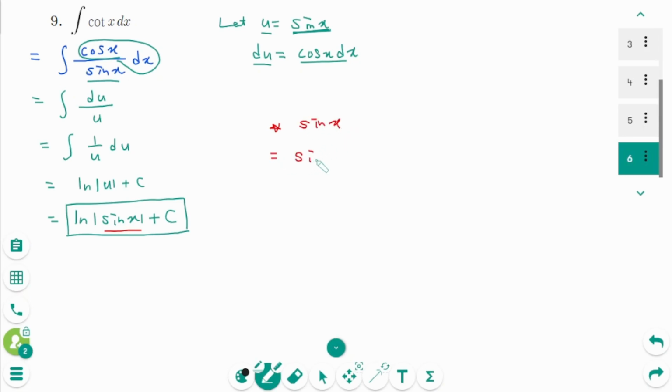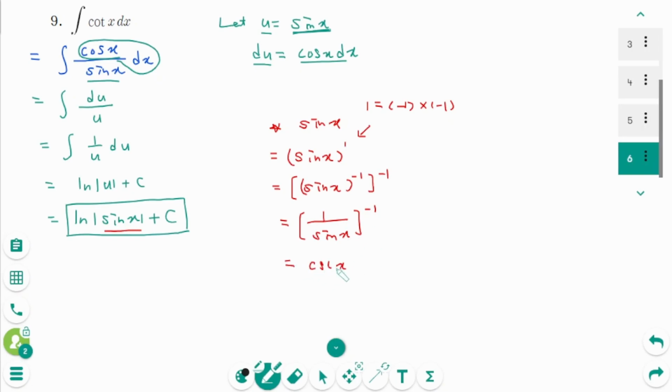In here, sine x equals sine x to the power of 1, which equals sine x to the power of minus 1 times minus 1, then sine x to the power of minus 1 is 1 over sine x to the power of minus 1, that is cosecant x to the power of minus 1.